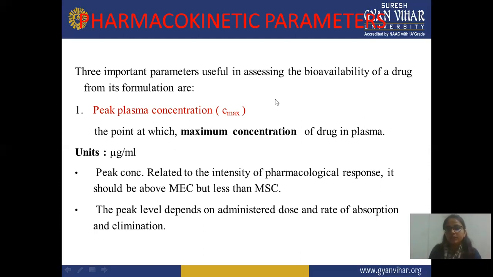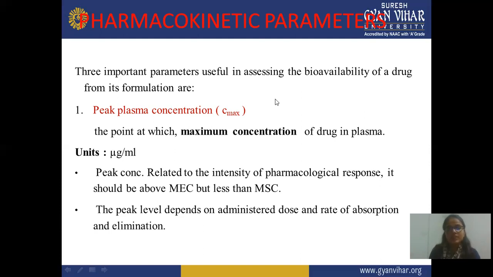Suppose you take 500 mg, the complete therapeutic effect is produced at a particular point, and the maximum concentration is observed in your plasma. This point is known as the peak plasma concentration.